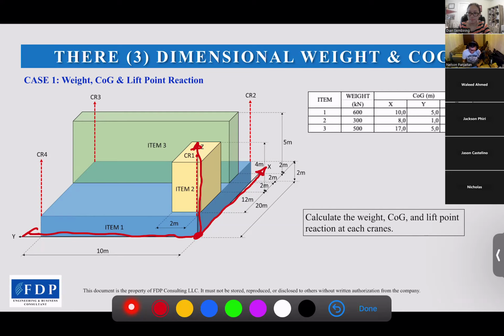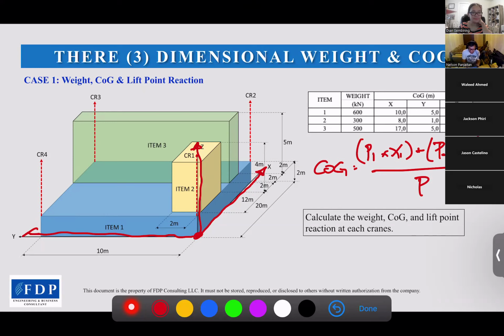Just to flash back to the previous one, the formula will be like this. COG is P1 times X1 plus P2 times X2 plus, divided by the total weight, total load.